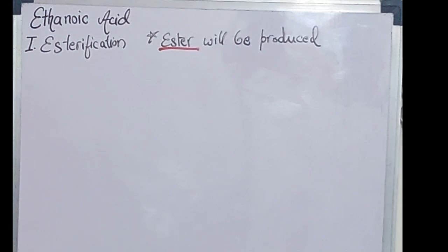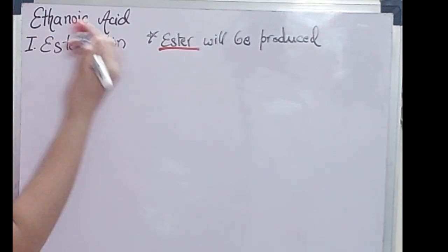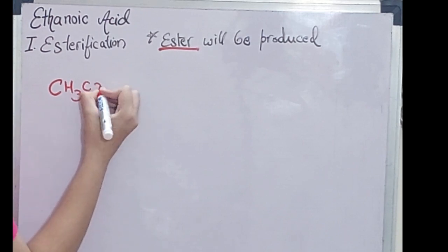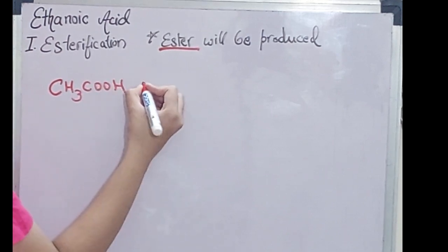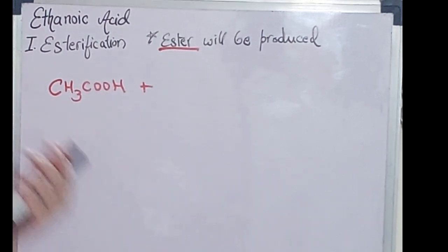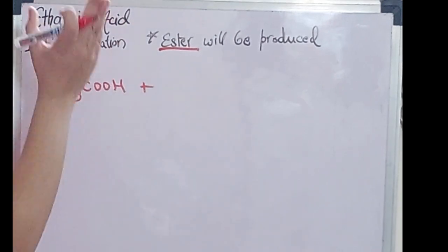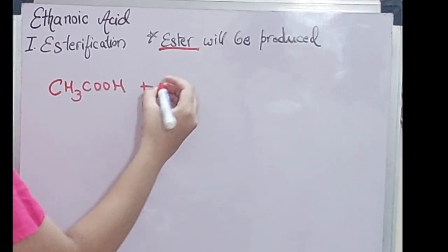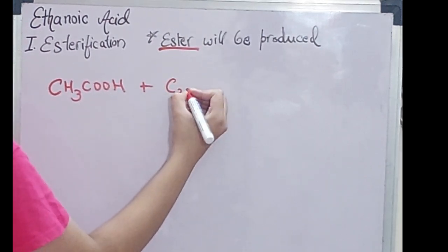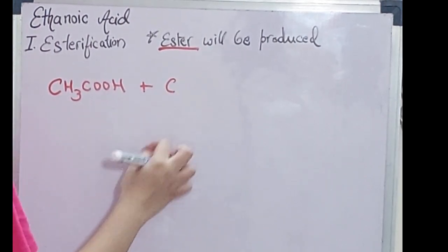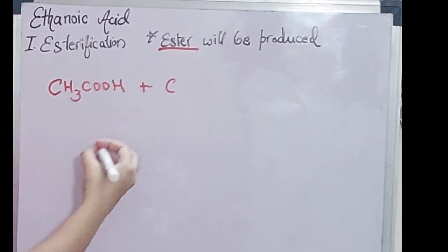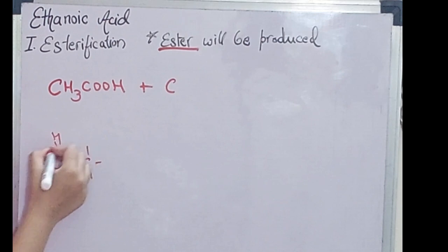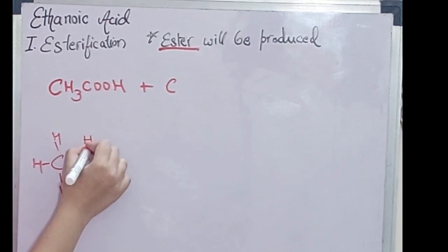So in esterification, what we do is ethanoic acid, CH3COOH, reacts with alcohol, right? This ethanoic acid reacts with the ethanol. Ethanol is C2. Let me just write it down in the way we learnt it. Let me just draw it, then it's easier to write.